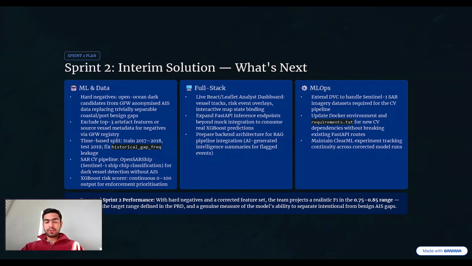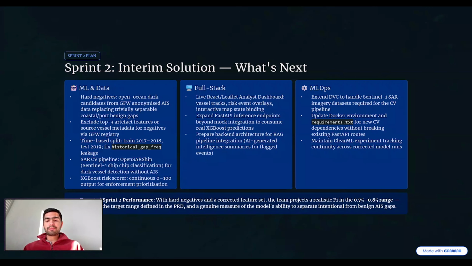For sprint two, we have planned to work in three parallel domains. We will be working on the ML part, which includes hard negatives, corrected feature graph, SAR computer vision pipeline, and XGBoost risk score.